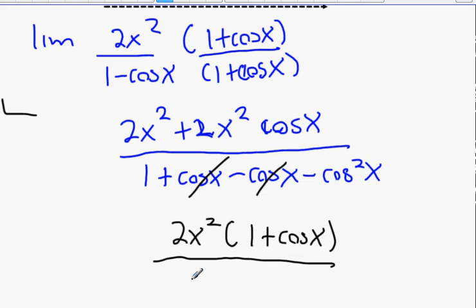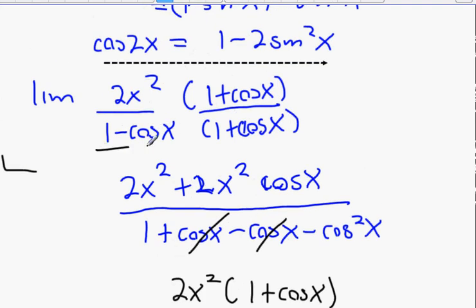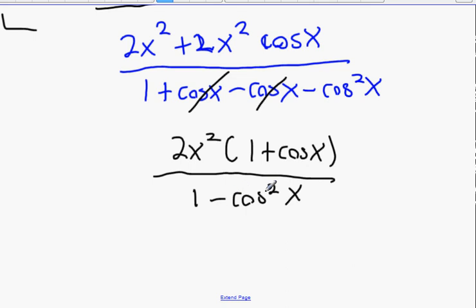Now, for those of you who are following any of this, we're back where we started. We still have 2 numbers. See the way the 1 and the minus cos x is 2 numbers, and I said that was the problem. We still have that problem because it's 1 minus cos squared x. But there's a way of getting rid of cos squared x. Once again, like last time, cos squared x equals 1 minus sine squared x.